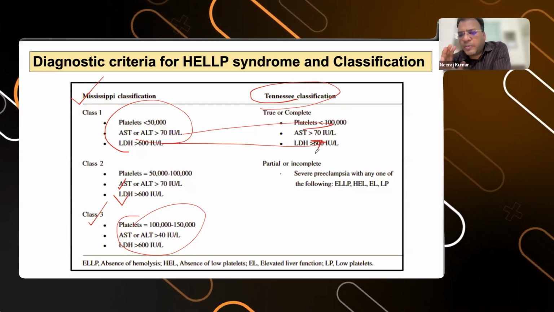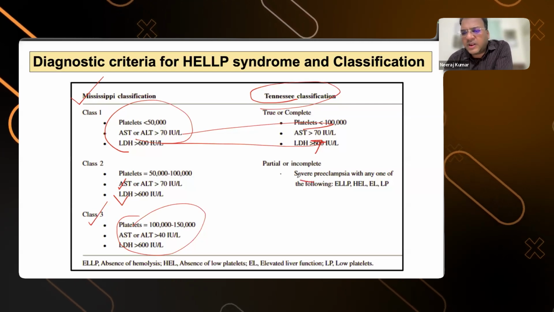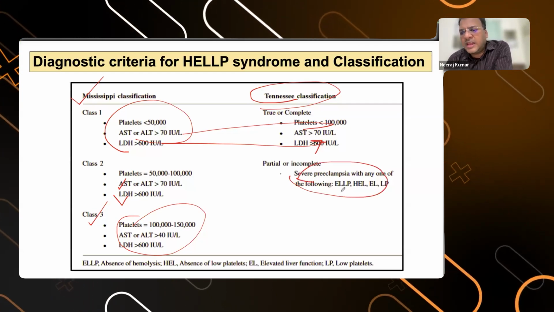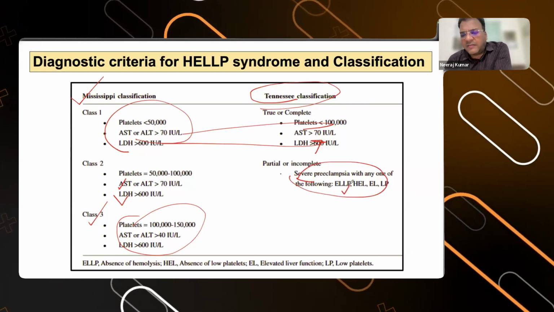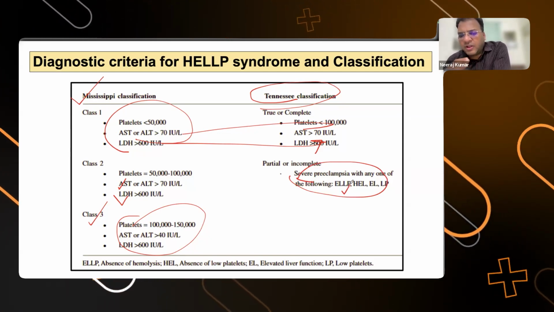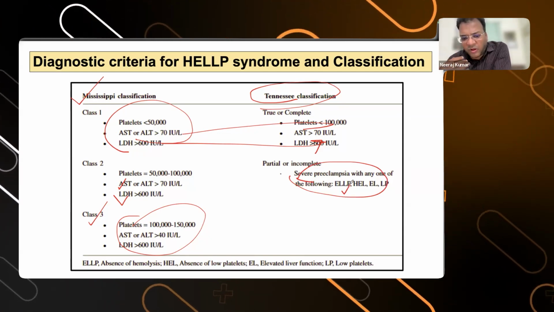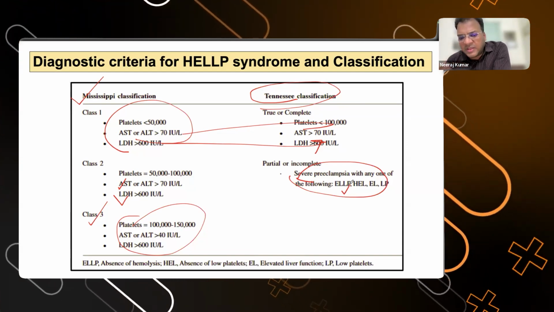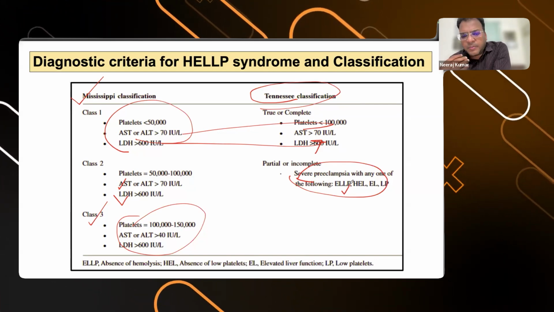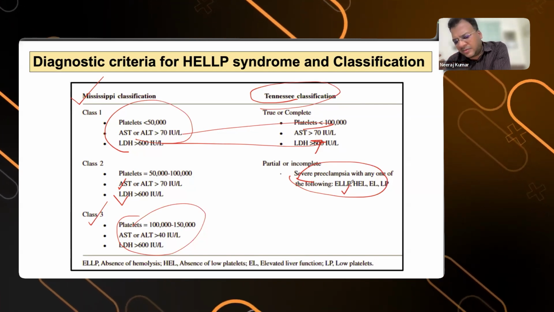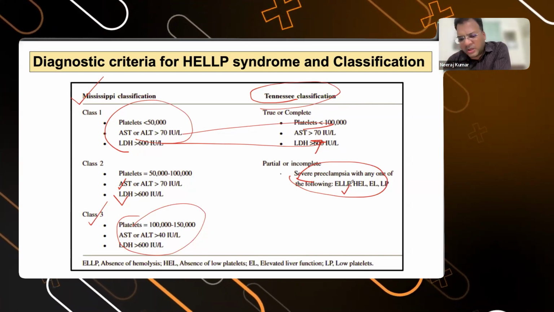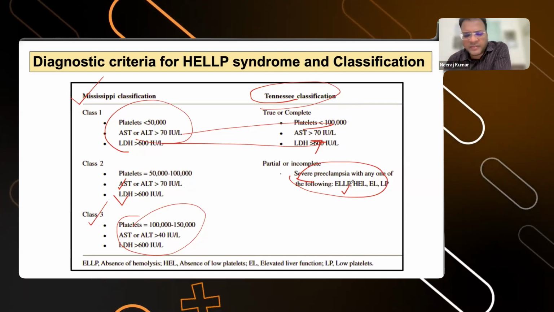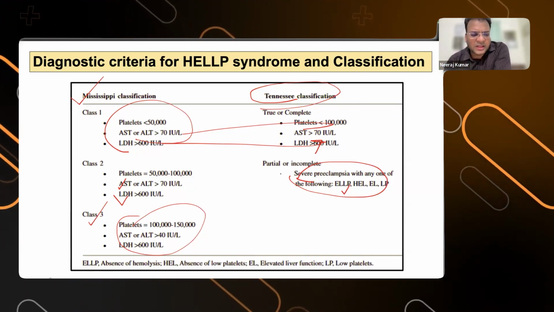Tennessee partial is if the patient presents with severe preeclampsia with any of the following: the patient will have elevated liver function, or absence of low platelets, or absence of hemolysis, or very low platelets, or low hemolysis. Based on that, this is classified.